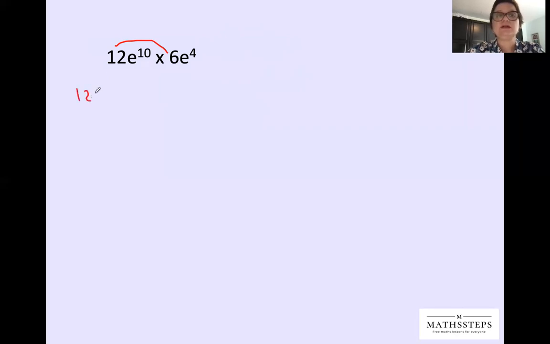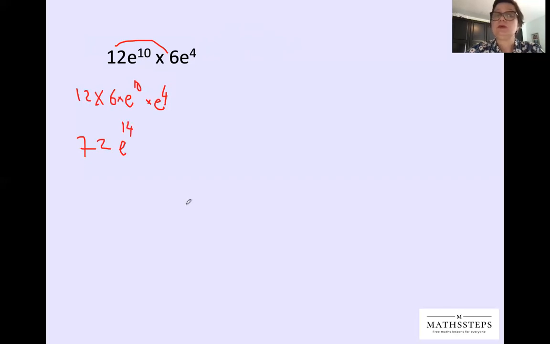So 12 times 6 times e to the power of 10 times e to the power of 4. 12 times 6 is 72. And here we have the same base, e, so adding the powers, the answer is going to be 72e to the power of 14.